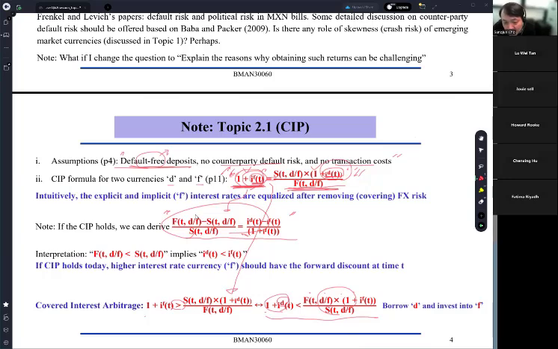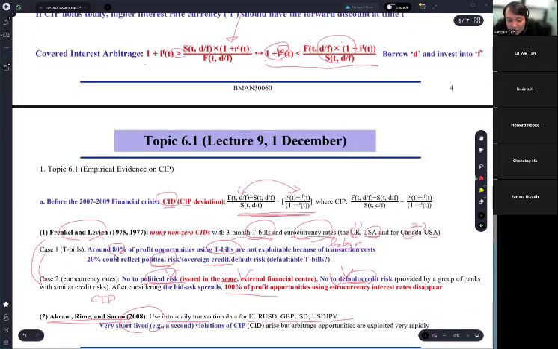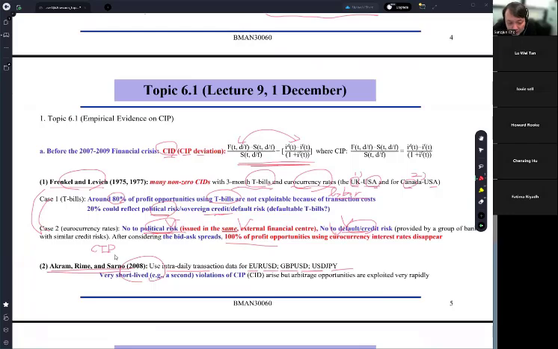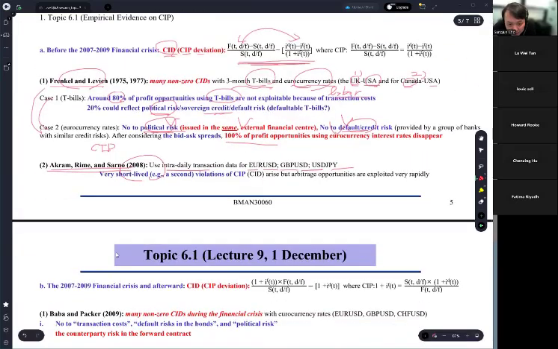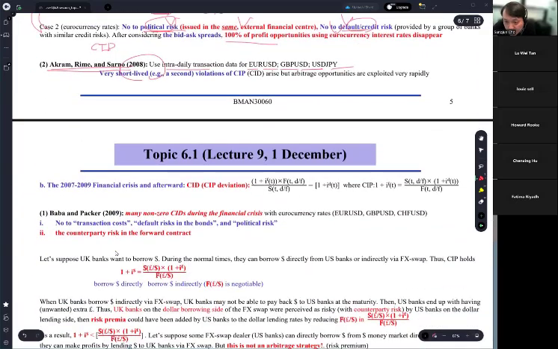If there's a reason to believe you have different risk for this thing and this thing, then maybe equality is not going to hold. You should learn this logical thinking. So the important thing is not about whether CIP holds or not. It's more about applying the same logic for any law of one price case or any possible arbitrage case.